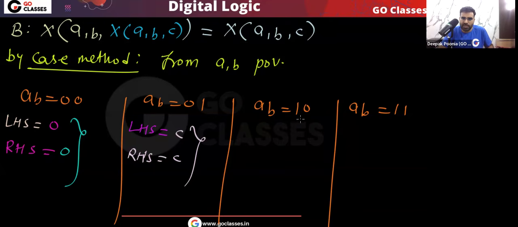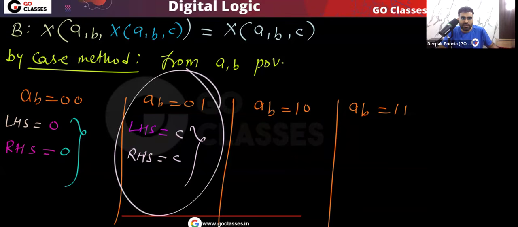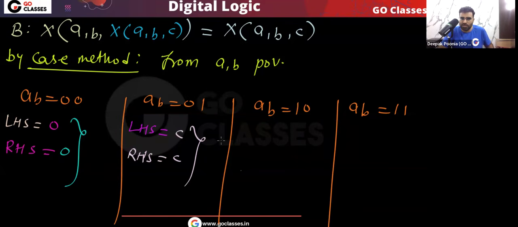Let's check when AB equal to 1 0. When AB equal to 1 0, the same situation will happen which has happened in AB equal to 0 1. You can see LHS will also become C, RHS will also become C. Because you can easily do it. AB equal to 1 0 means A1 B0.